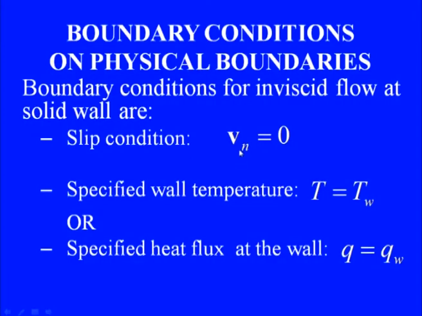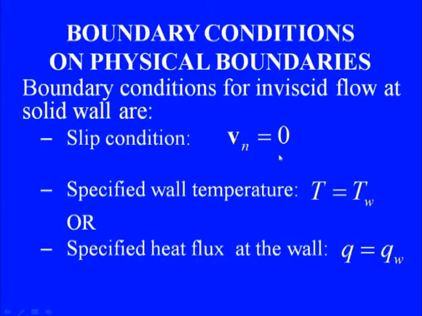If you are dealing with inviscid flows, then inviscid means there is no viscosity present, so there could be a slip between the solid surface and the fluid, but one thing is very sure, that the fluid cannot penetrate a solid surface. So we will impose what we call slip condition Vn, n stands for the velocity component normal to the surface, so Vn is equal to 0.